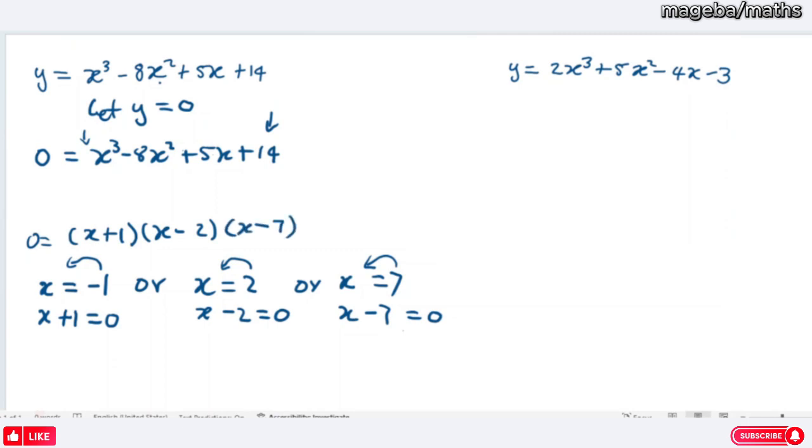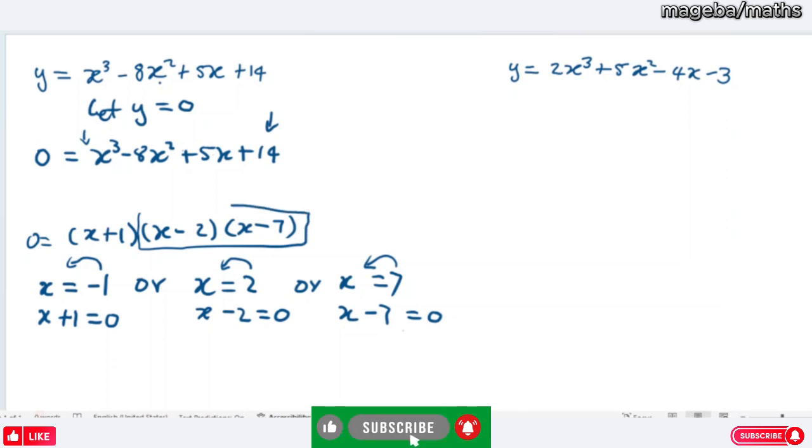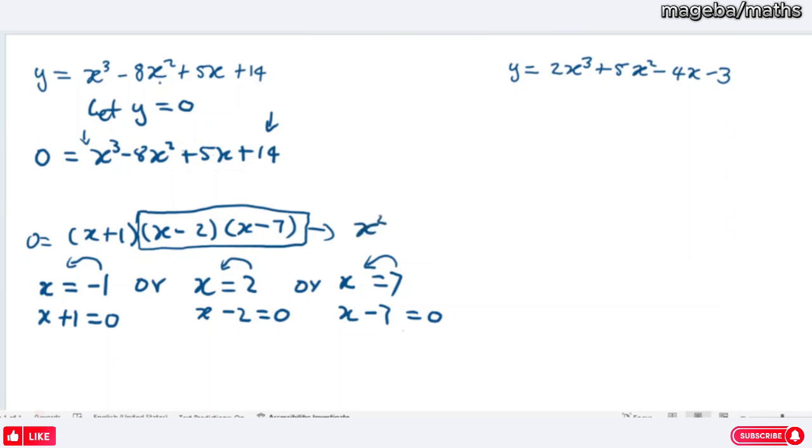Now, in order for you to get marks, we have to simplify this in terms of opening our bracket from here. Now, this and this is going to be x squared. This and that, it's minus 7x, and then minus 2x, and then plus 14.